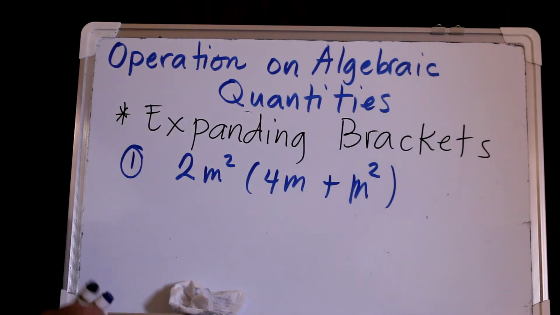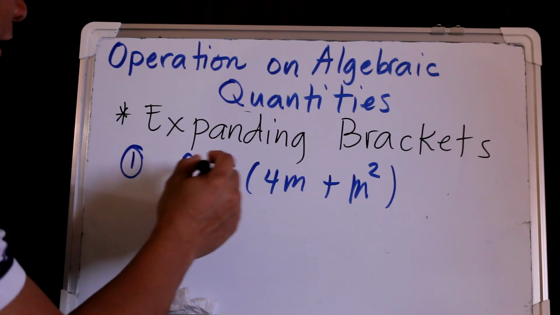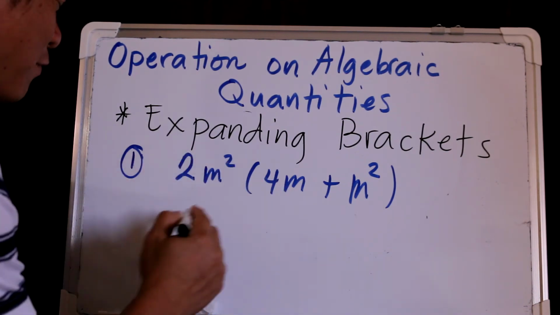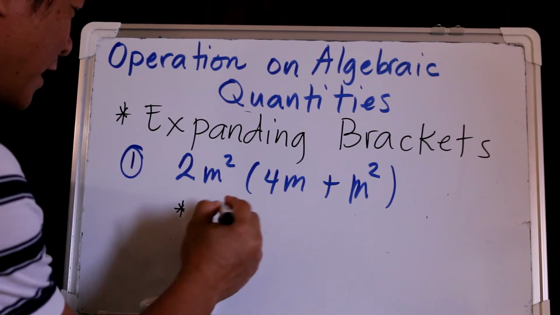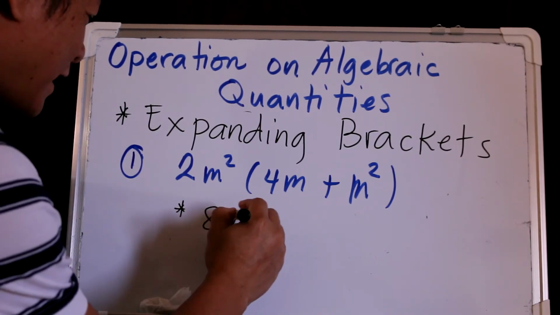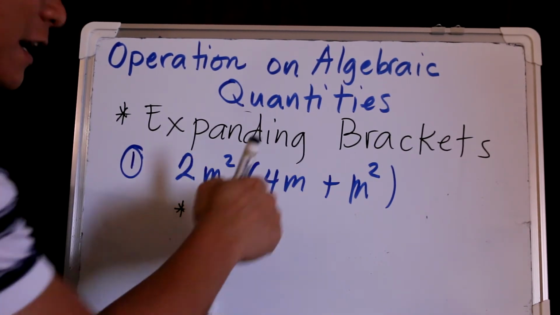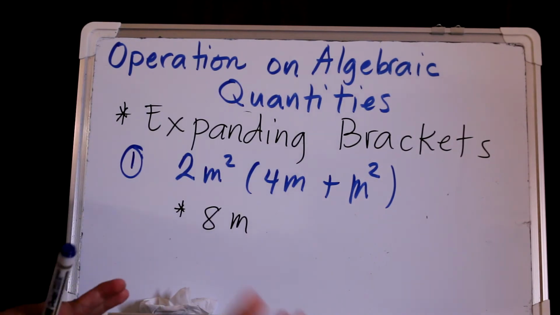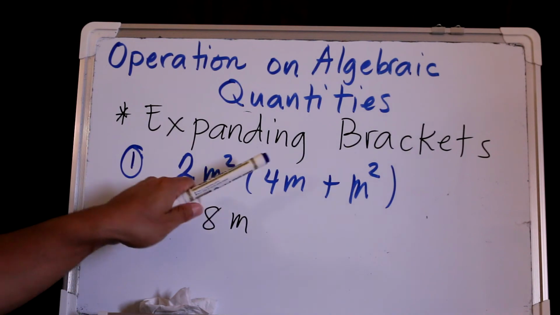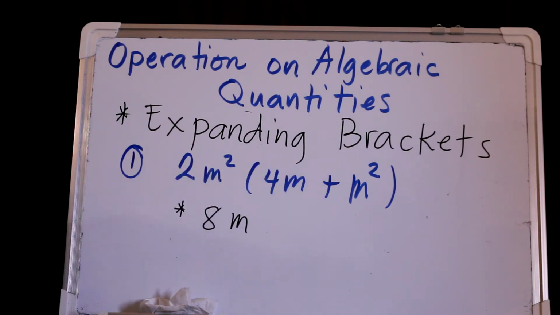So we will simplify our answers. Okay, so for this case, 2 goes with 4. The answer would be 8m. And what will happen to that? What did I say earlier? In the law of exponents, when you multiply same variables, their exponents will add.